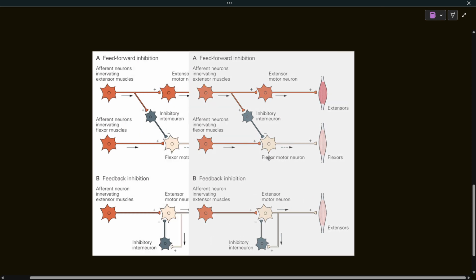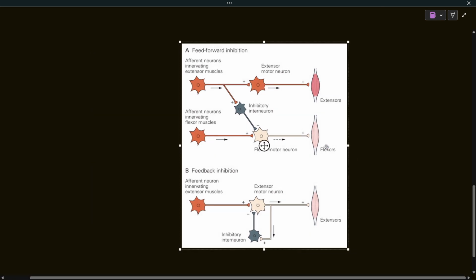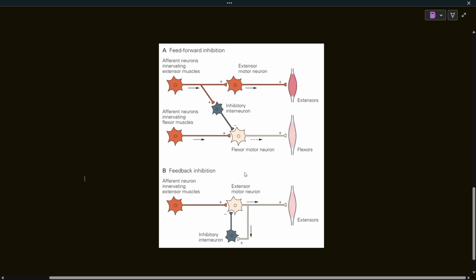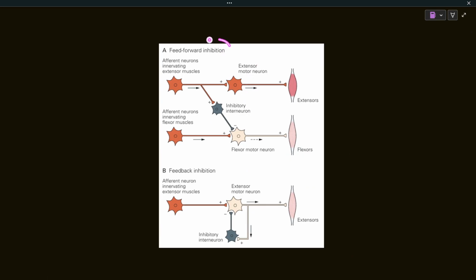Okay, so this is the picture. This is the picture where it clearly shows what a feed forward inhibition is and what a feedback inhibition is. So inhibition means something is going to be inhibited, right? Feed forward inhibition is termed feed forward because it is ensuring that a certain movement is going to be smooth.